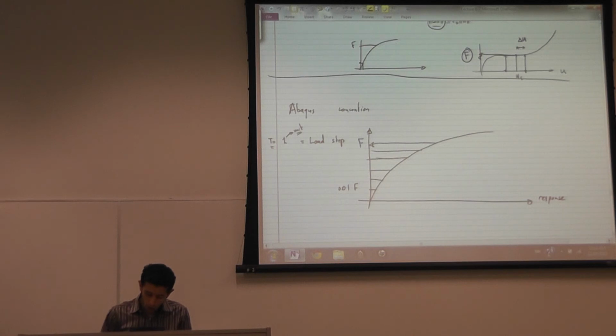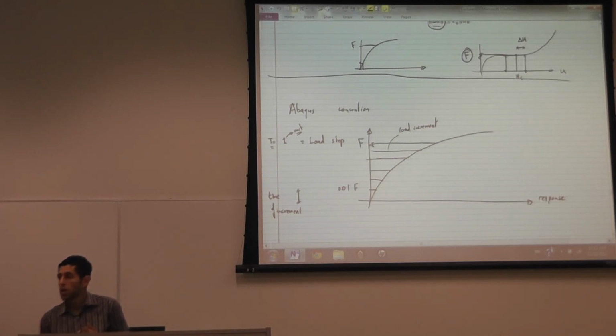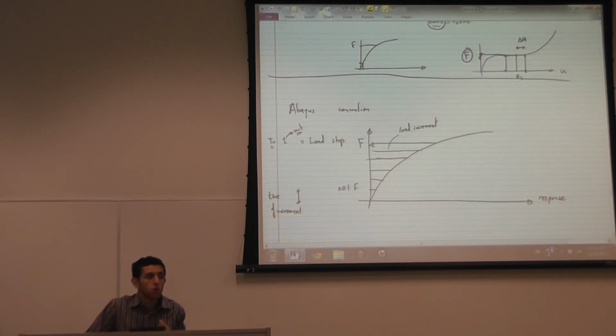These are called load increments, and the size of the increment is controlled by the time increment. This variable time is just used even if your structure is not time dependent. The variable time is just used to control what percentage of the load I should apply in each load increment.